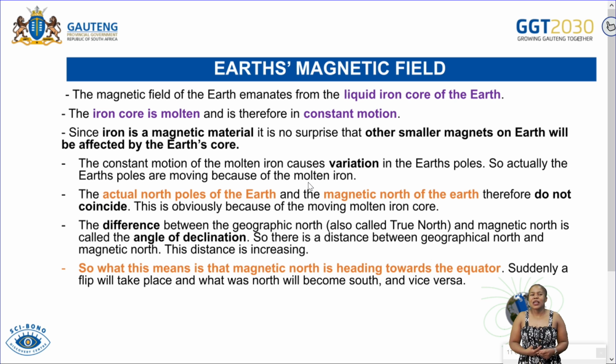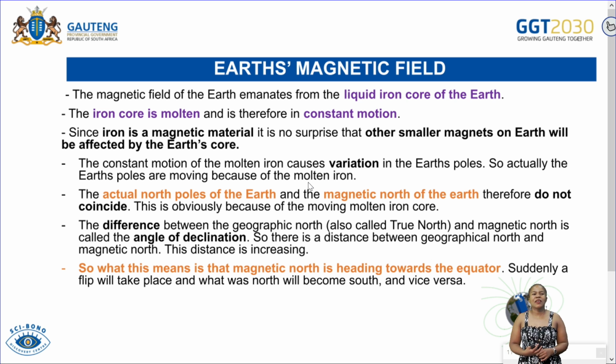The actual North Pole of the Earth and the magnetic north of the Earth do not coincide, meaning they are not in one direction. They differ by a certain angle of declination. They're not in the same position, if we can put it in simple language. This is obviously because of the moving molten iron core.